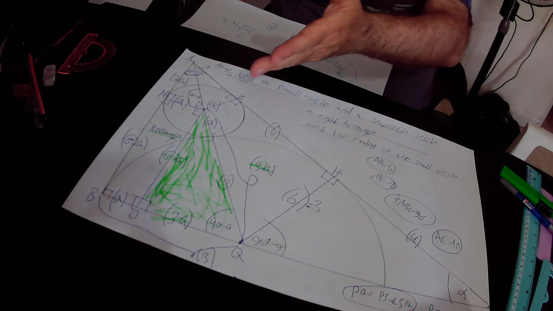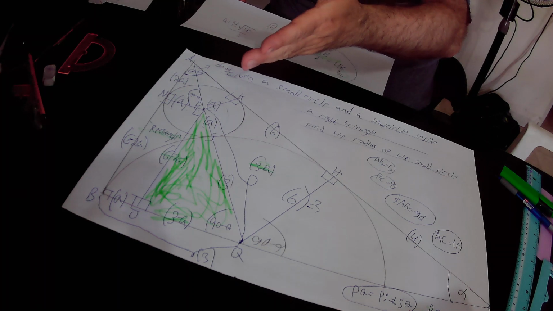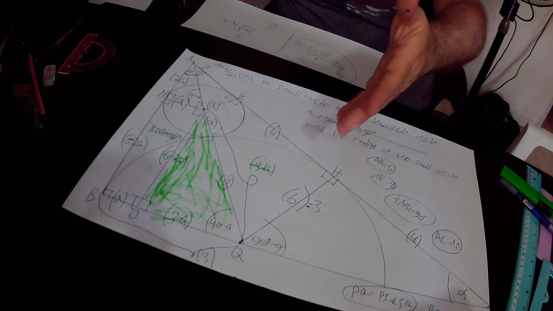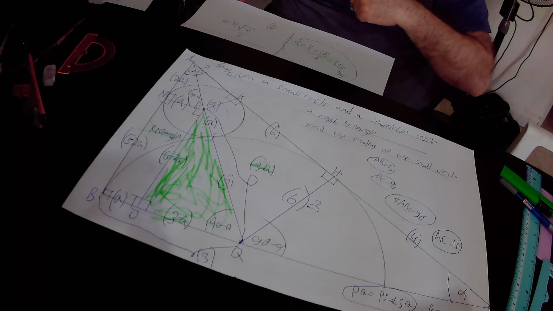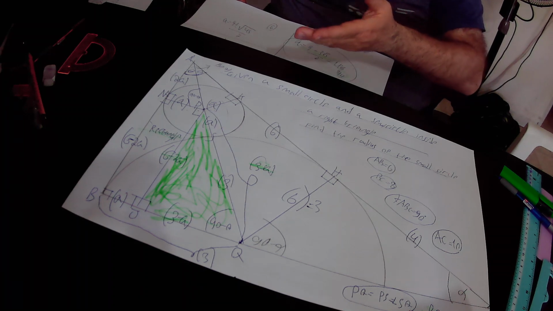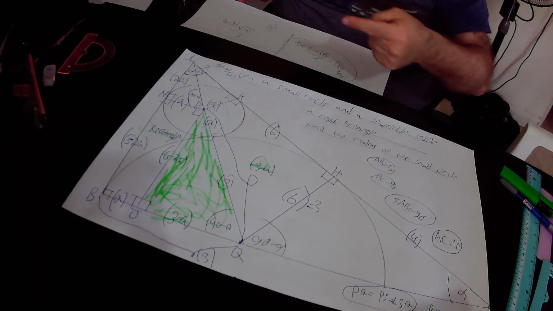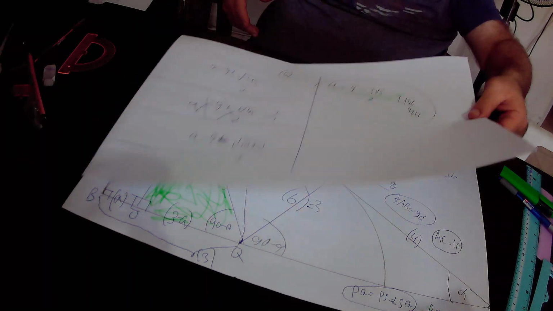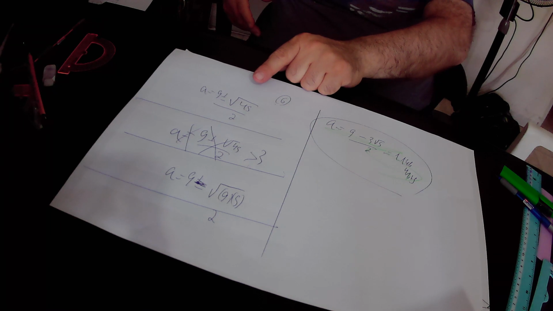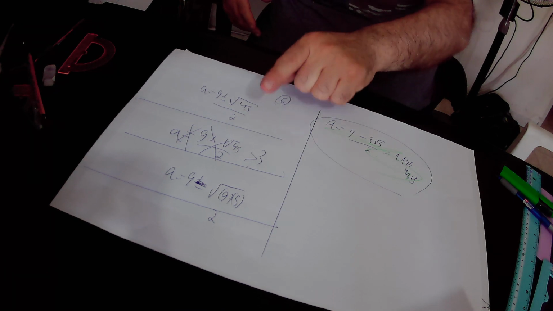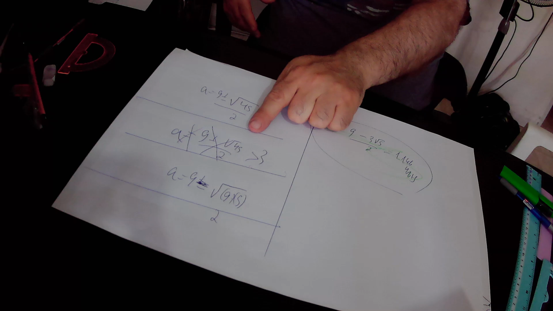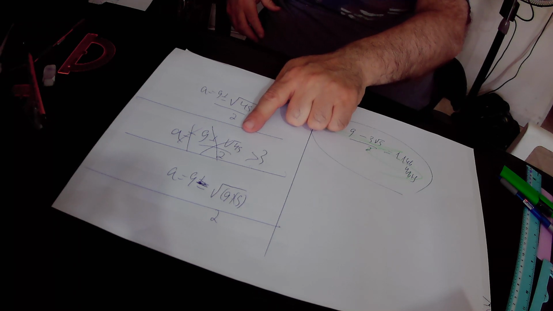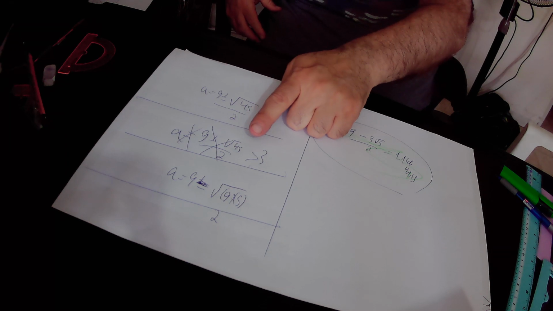Therefore, the radius of the small circle must be shorter than the radius of the big semicircle, that is, less than 3 units. And because the radius A of the small circle here is greater than 3, this solution is an incorrect solution. We cancel the solution and we are left only with the second solution.